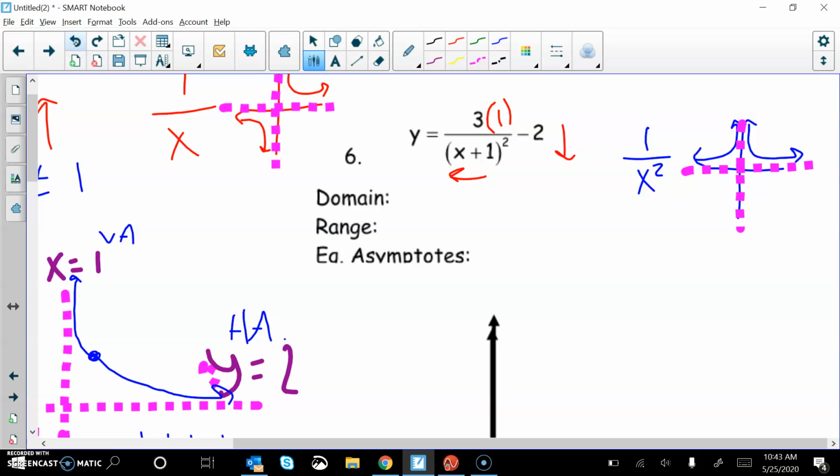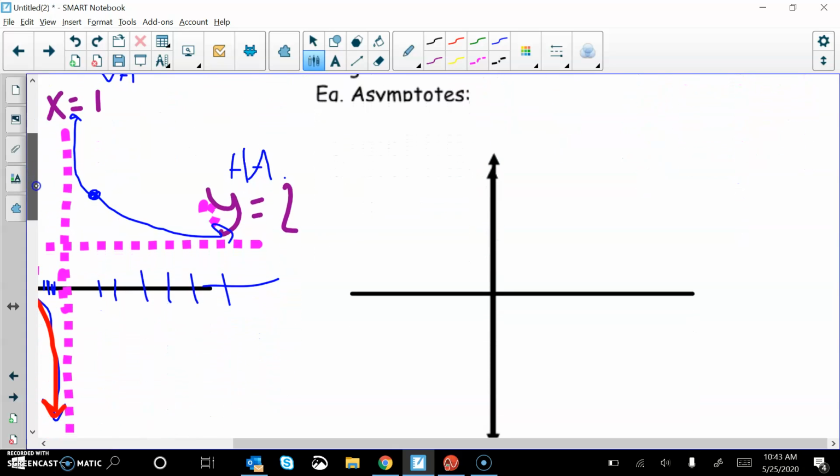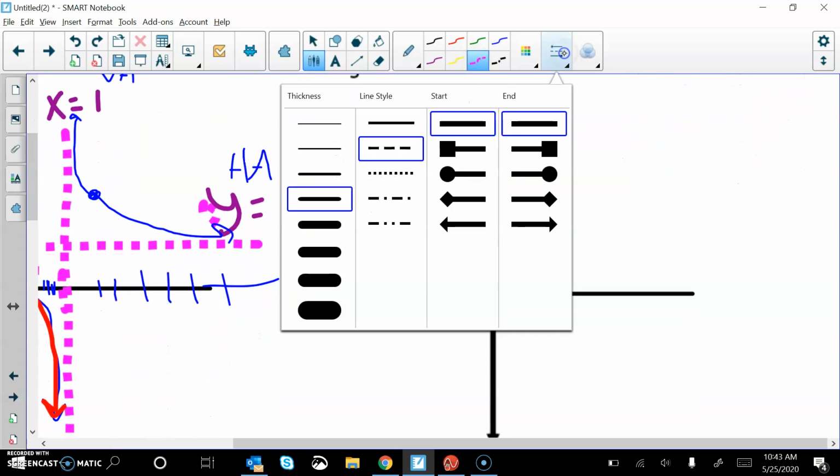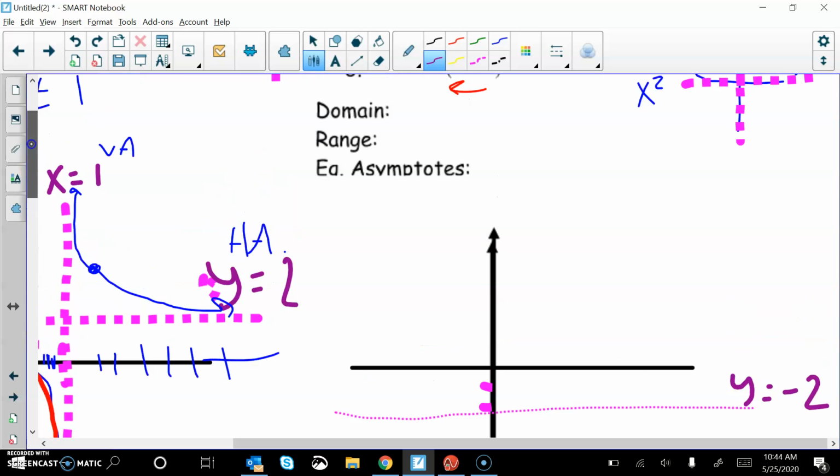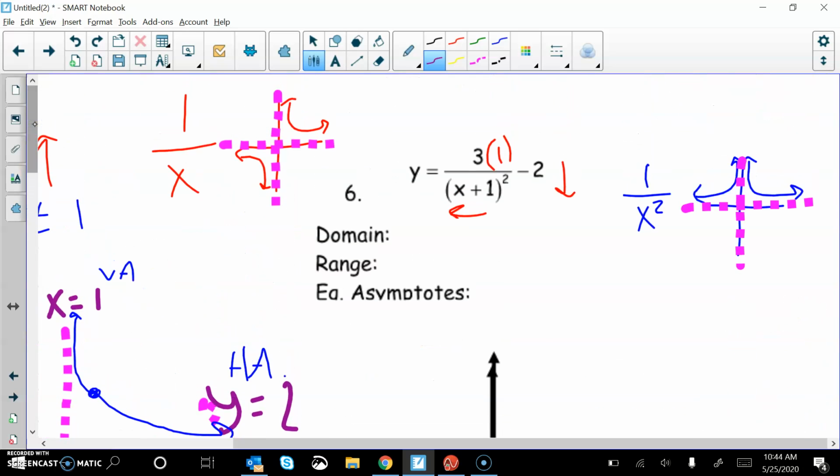So given that, let's go ahead and shift our asymptotes. That's a good way to start these. We're going down 2 units. Let me think this out. My horizontal asymptote is now here at the line y equal to negative 2 due to that vertical translation.